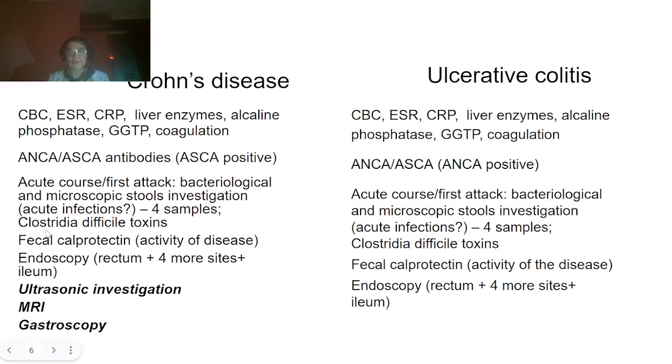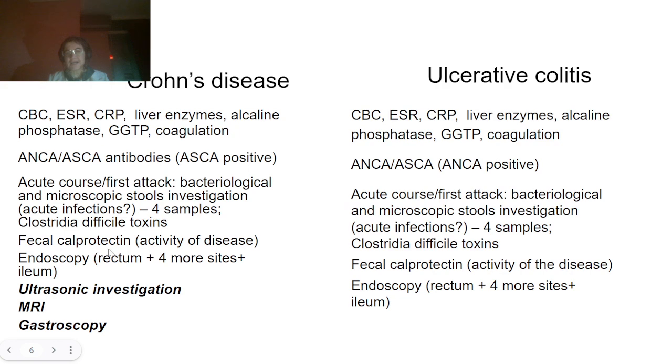Also in all patients with both diseases with acute course or first attack of the disease, bacteriological and microscopical stool investigations should be performed for acute infections, and toxins of Clostridium difficile to exclude pseudomembranous colitis.